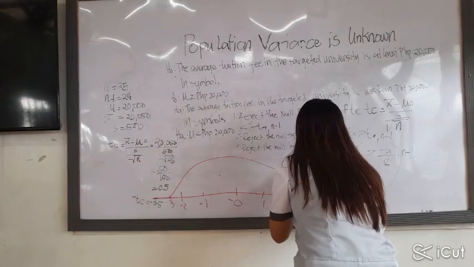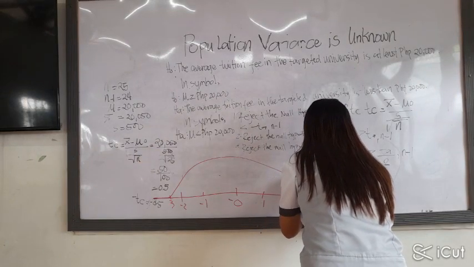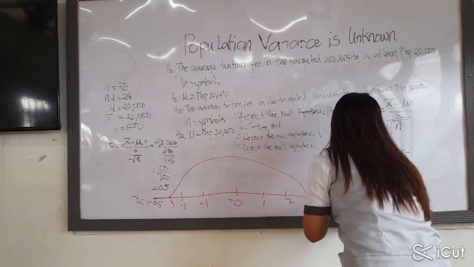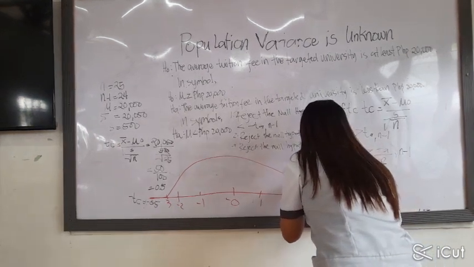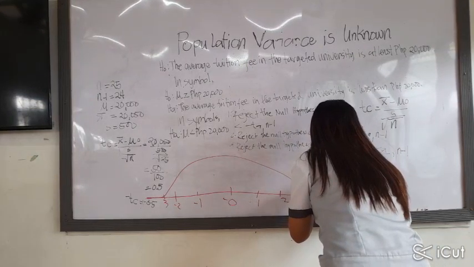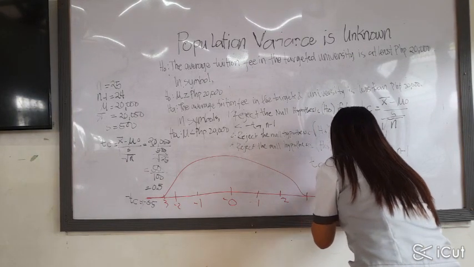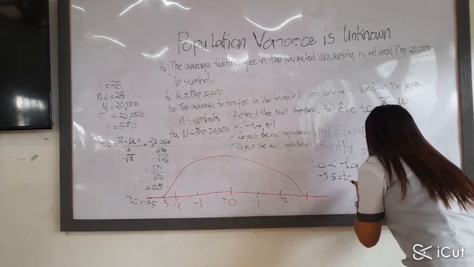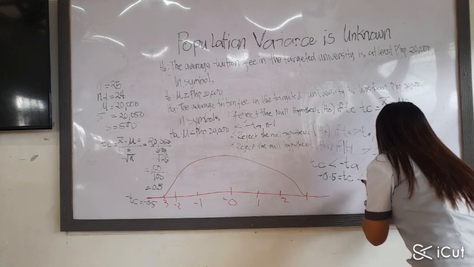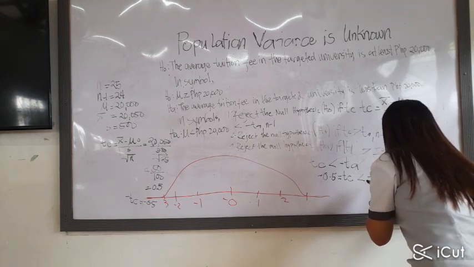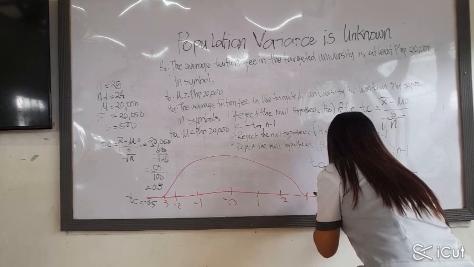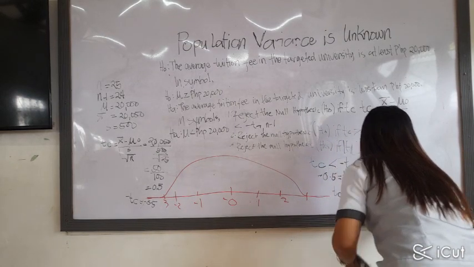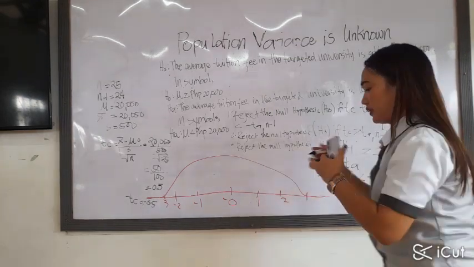Here t sub c equals 0.5 is not less than negative t sub alpha equal to negative 1.645. t sub c is greater than negative t sub alpha.